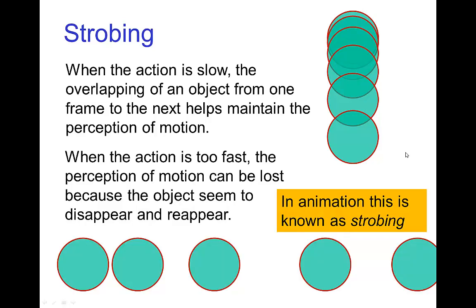On the other hand, when the action is very fast, then the perception of motion can be lost, because instead of interpreting the sequence of drawings as being the same object at different places, the brain can imagine that the object has disappeared and a new object has reappeared someplace else. This disruption of the perception of motion in animation is called strobing.